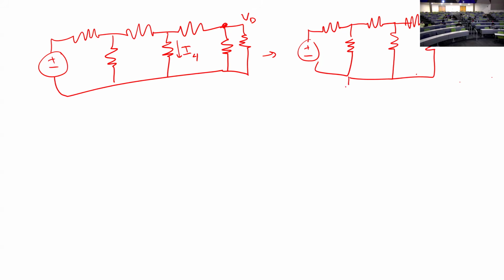And this middle one is still I4. Okay. So what I've done is I've collapsed these first two. Okay. So now the current here, this I new, this is I6 and I7. Okay. So this I new is different than each of these currents.